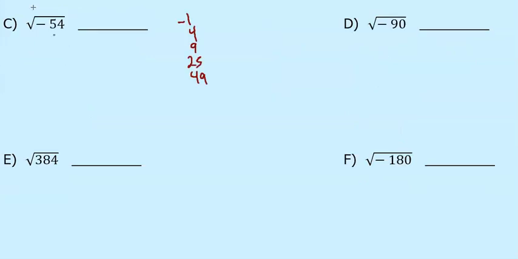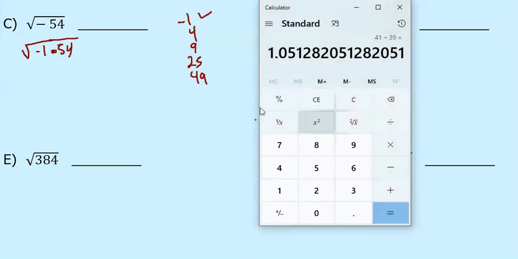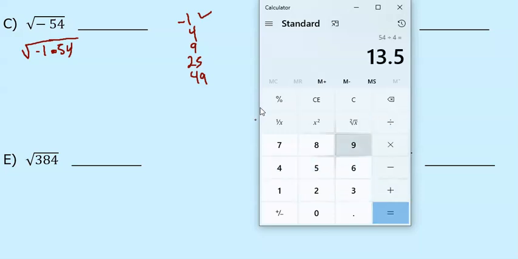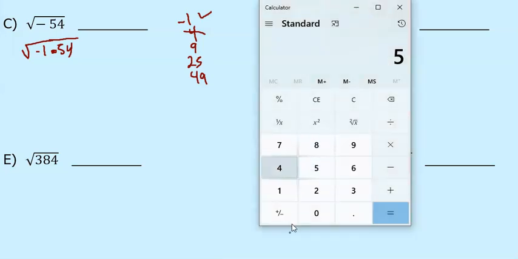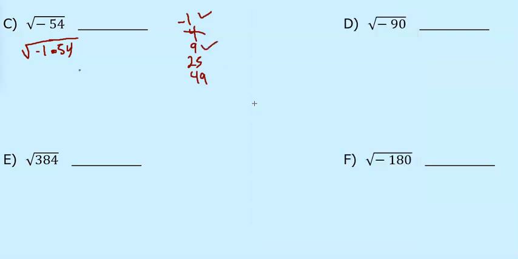Let's do C, square root of -54. It has a negative, so we can rewrite it as -1 times 54. If we use our calculator and divide 54 by 4, we get a decimal, so we're not going to use 4, and we're going to go to 9. 54 divided by 9, that's 6.